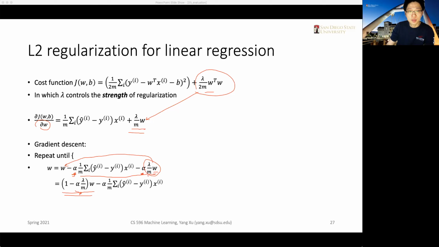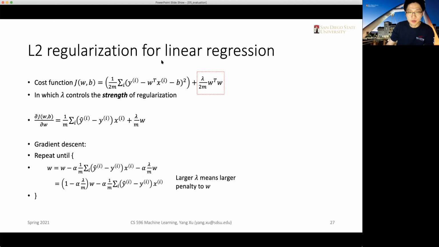Which means our w is smaller than the values without L2 regularization. And a larger lambda means we put more penalty on w, and w will take smaller values, which is exactly what we need.